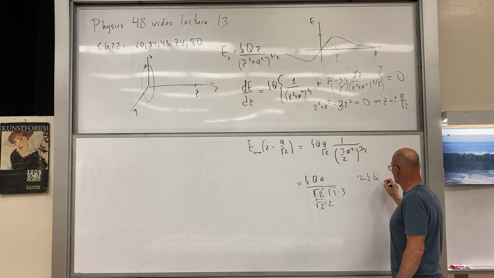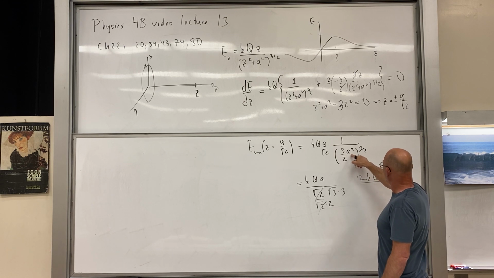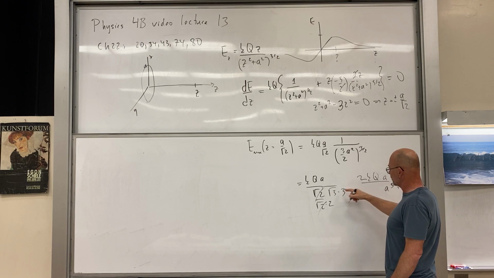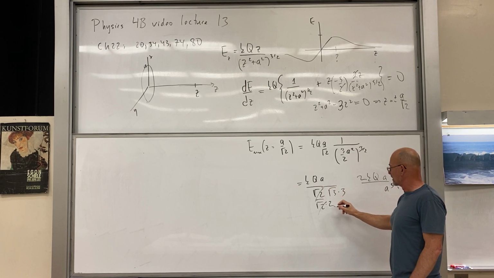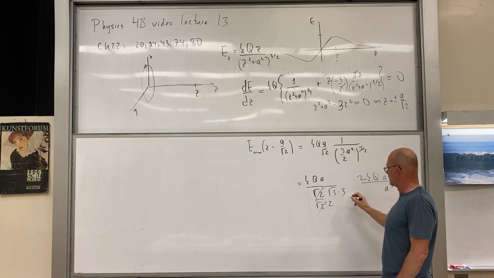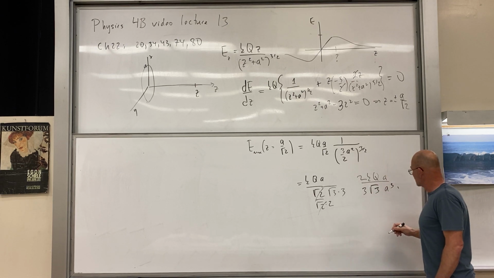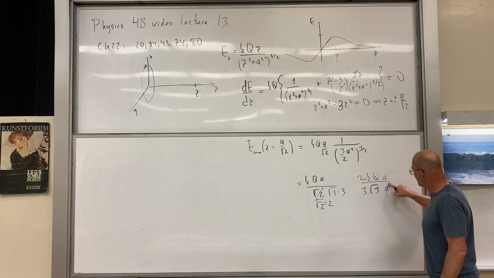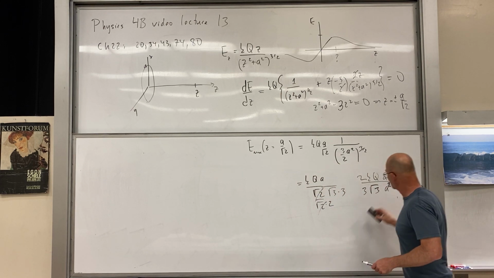We have a cubed, and this cancels, we end up with 1 over a squared. Okay, 1 over a squared. Good enough.